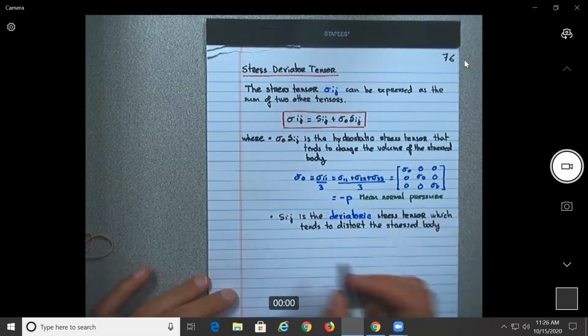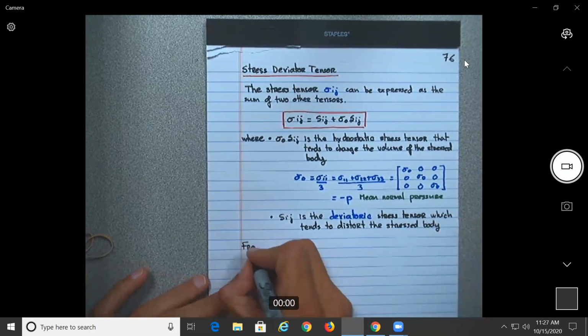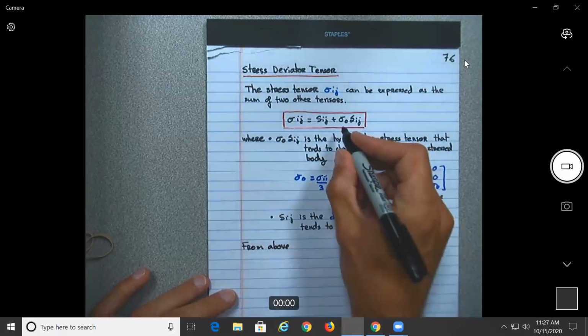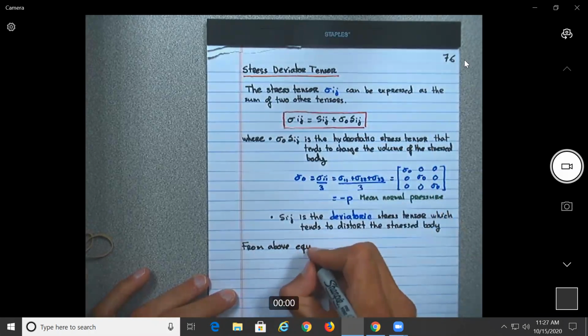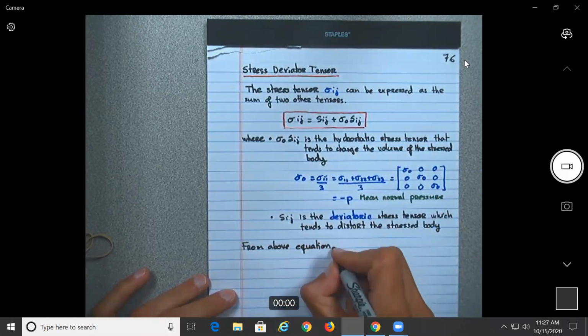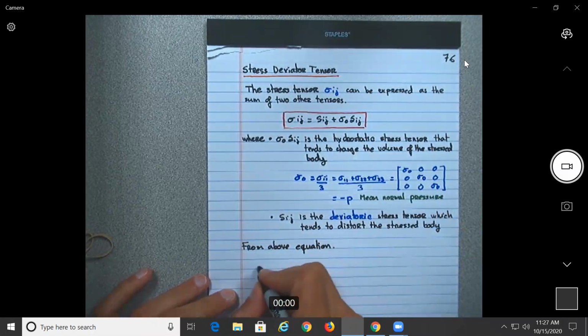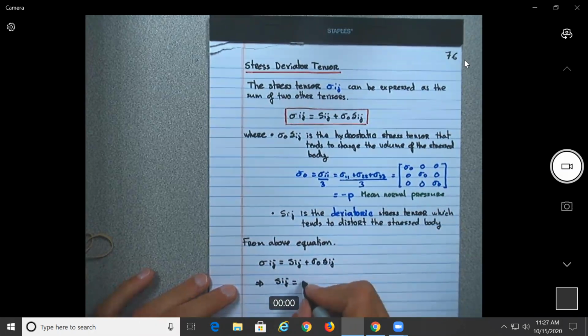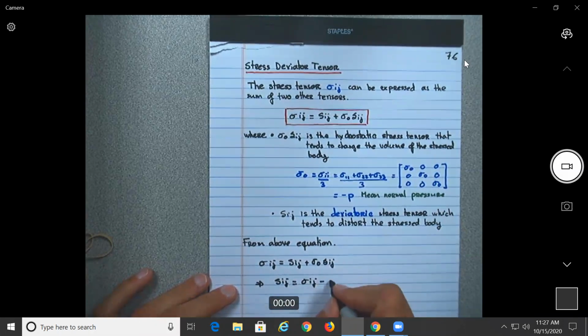Okay, so from the above equation, which is this one here, we have that sigma ij equals Sij plus sigma sub naught delta ij. So from here we can get that Sij will just be equal to sigma ij minus sigma sub naught delta ij.